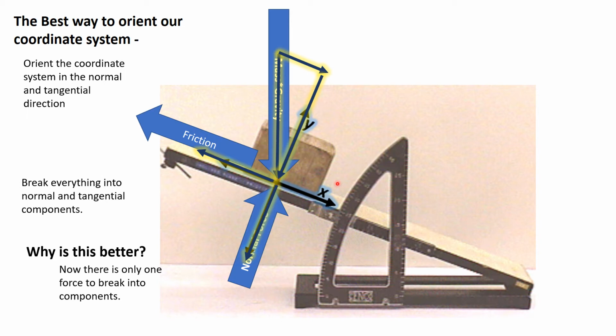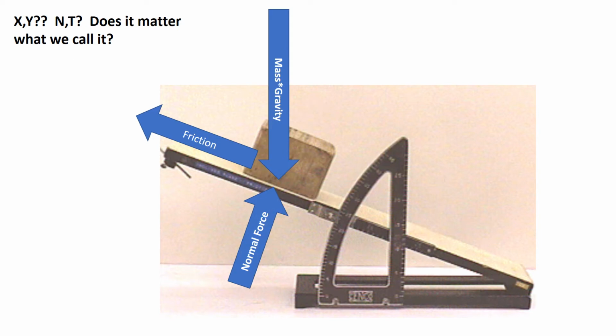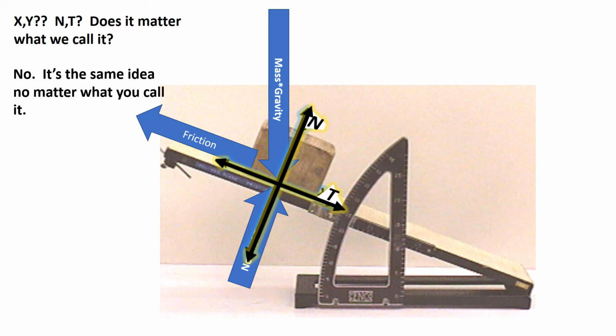Okay, so I'm still calling this x and y. Could I label that something different? Could I call it Z and Q? Could I call it direction C and P? You can call it whatever you want, right? The idea is you're just breaking forces apart into perpendicular components. So whether you call it x and y or normal and tangential, it's the same thing. Either way, you're just breaking forces into these perpendicular components.